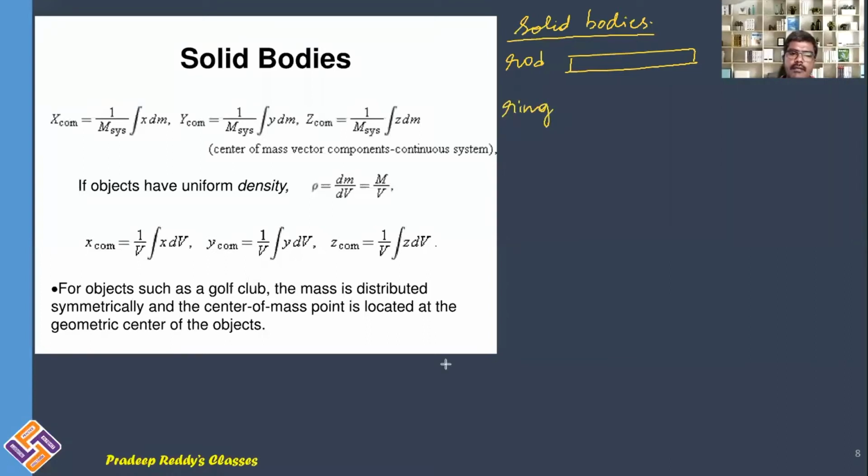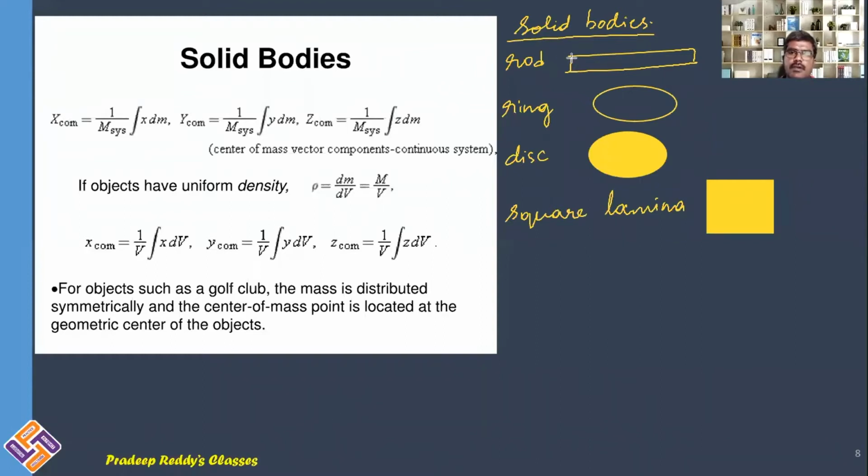You can take a ring. You can take a disc. A disc is different and a ring is different. This is a disc. Likewise, you can take a square lamina. This is a square lamina.